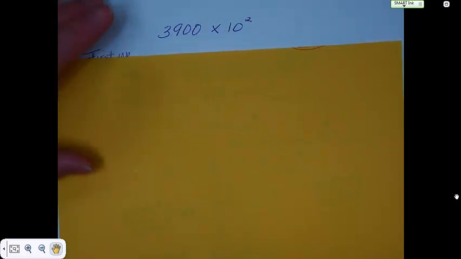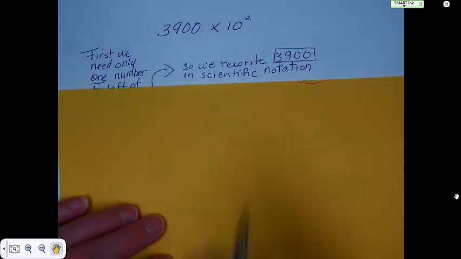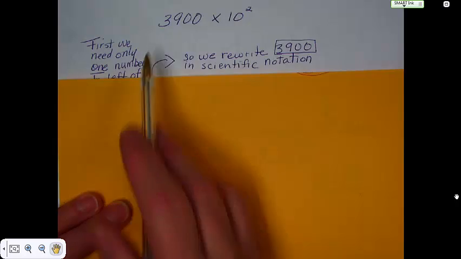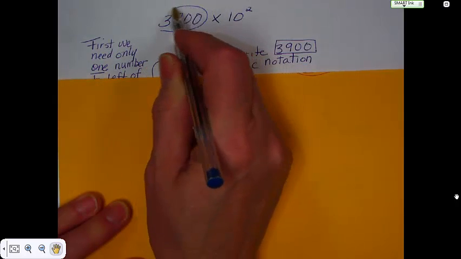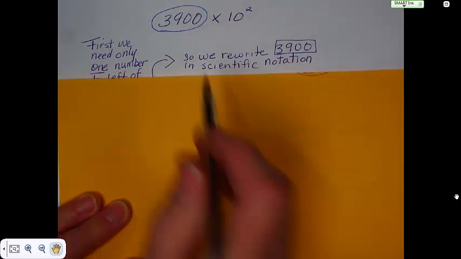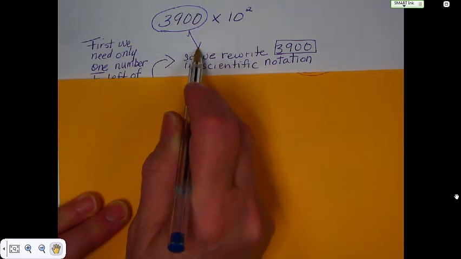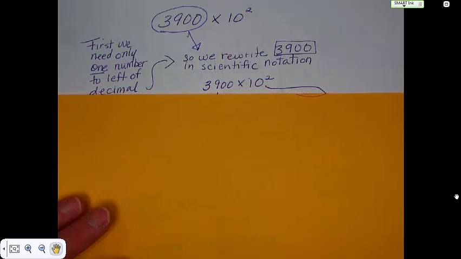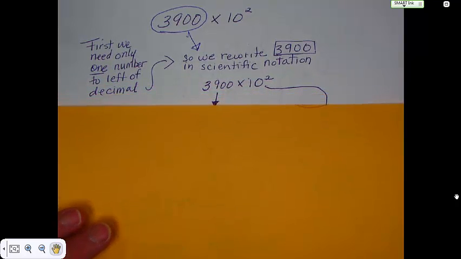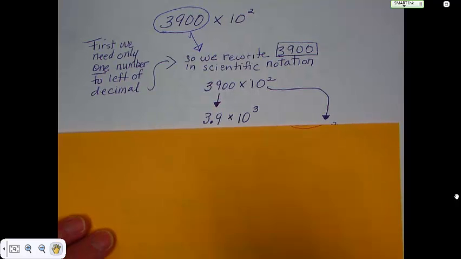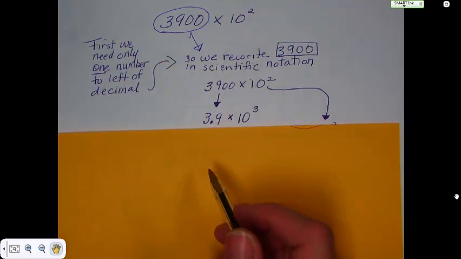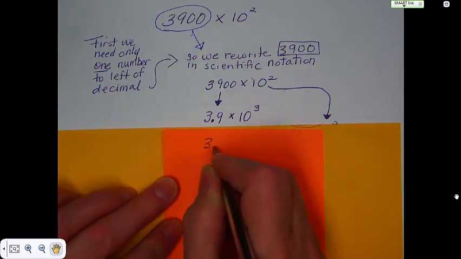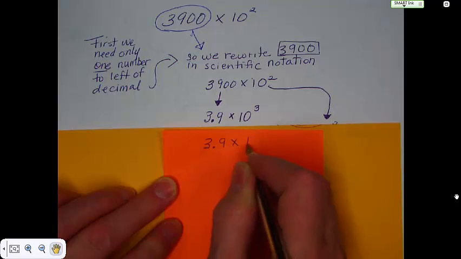So let's look at the 3,900. We are going to just deal with this first, and we're going to rewrite this 3,900 itself into correct scientific notation. We kind of know how to do that. So we took 3,900 and we rewrote it as 3.9 times 10 to the third power.